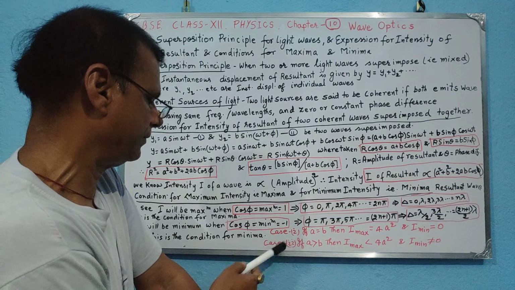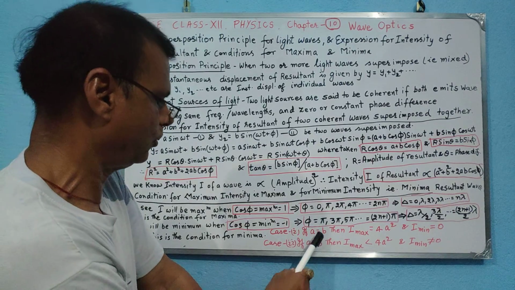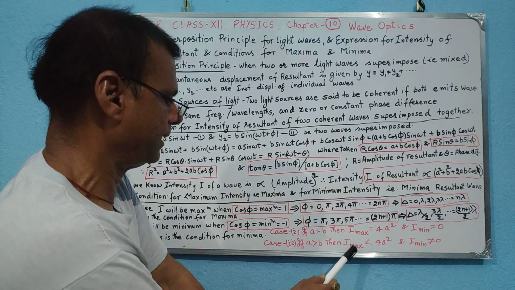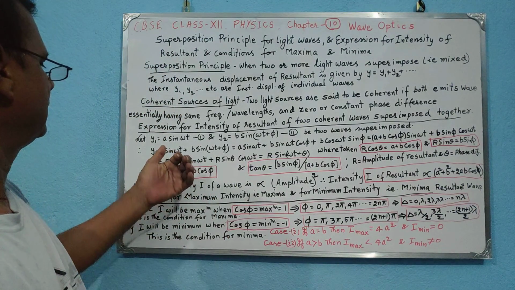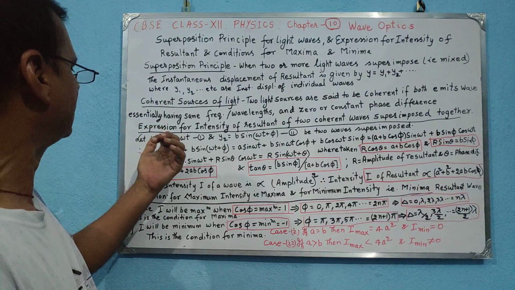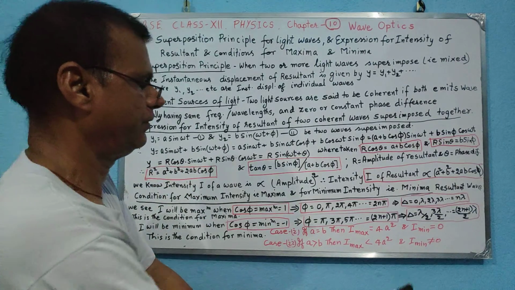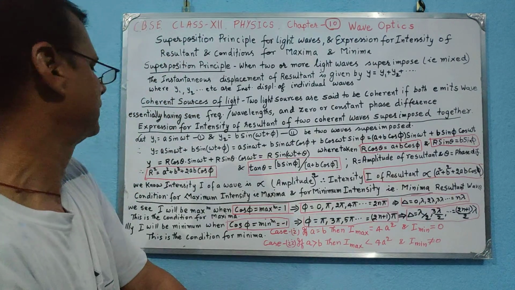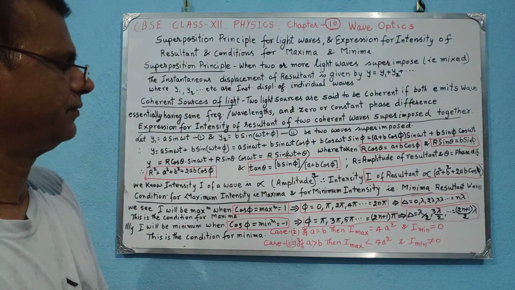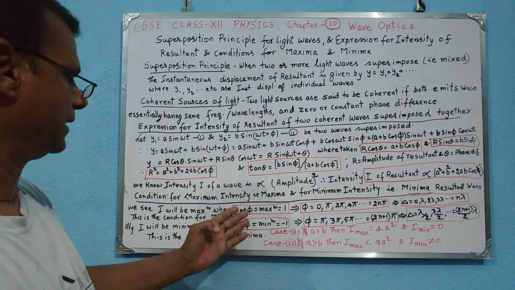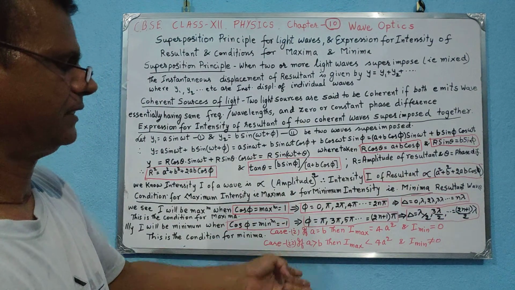If we consider another case, where A is greater than B, meaning they are not equal, then in that case the maximum intensity will be less than 4 times the intensity of the wave having higher intensity, that is the first wave, and the minimum will not be equal to 0 in the true sense. So this conclusion you yourself find out by using the same relation.